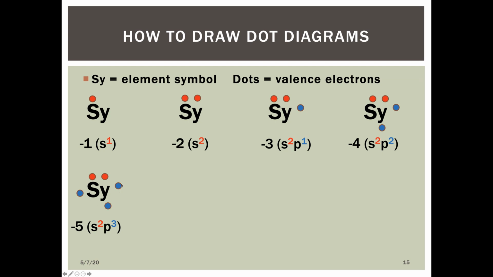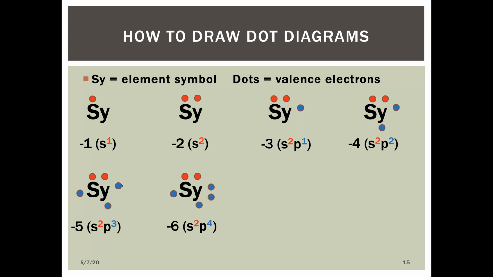There's a lot you can tell just by looking at the dot diagram. With 6 valence electrons, there are 2 electrons in the s orbital, and there are 4 in the p, and they go in the same way they went in those 3 boxes: up, up, up, and then back to the first orbital, down. I'll show you that again. Up, up, up, down.